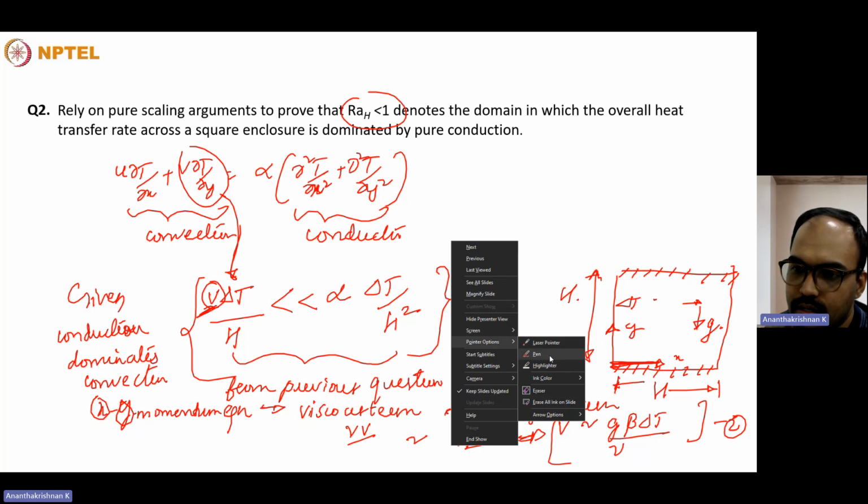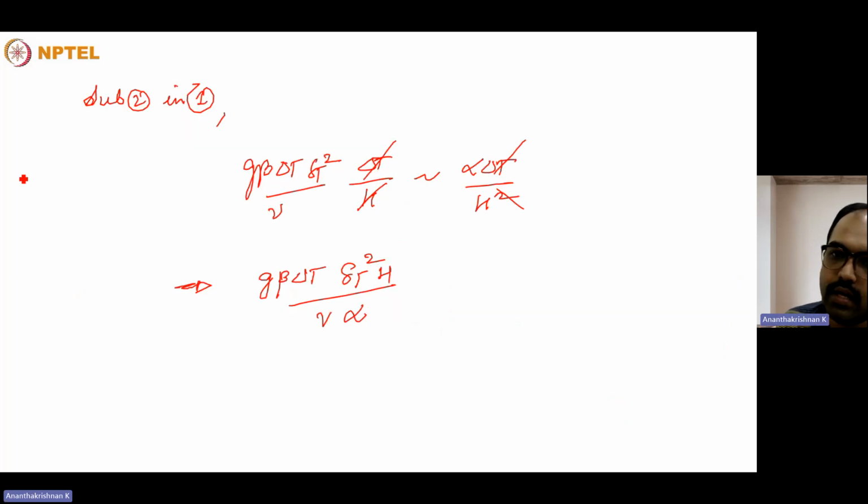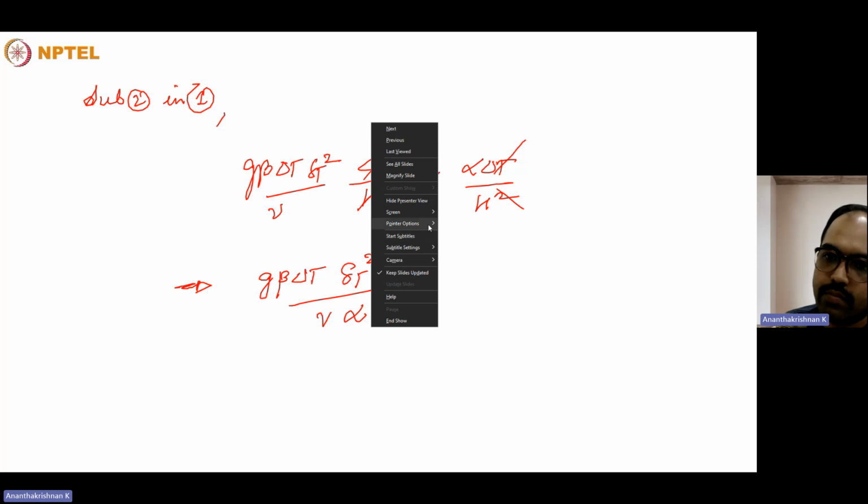That was the actual reason why we were not getting the answer. Since this is pure conduction from this side to this side, the entire length of the enclosure in the horizontal dimension takes part, so the scaling should be done with respect to h. There is no boundary layer as such because conduction dominates. So it will be h cubed and h, and basically this will be h squared, and that solves the problem.